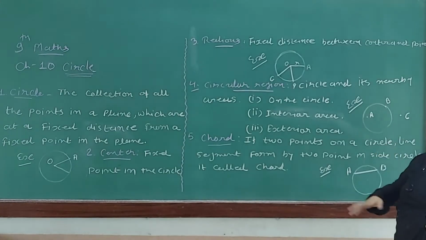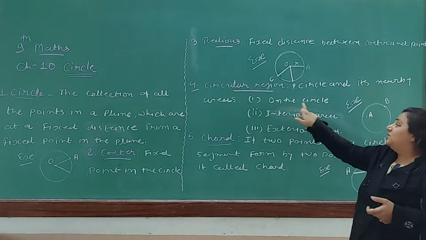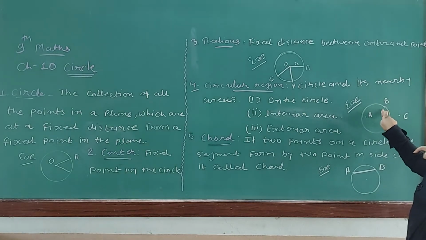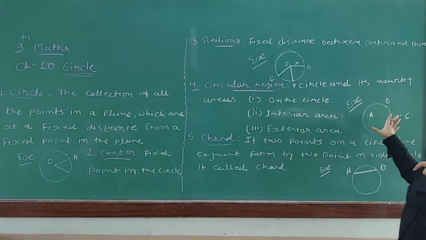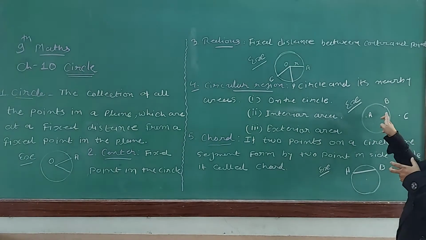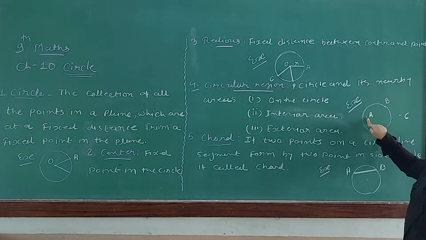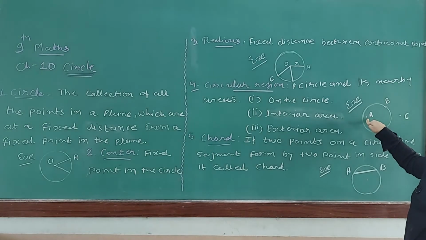So we will write this as theory in math. On the circle, for example, point B is on the circle. Then the interior area is the space covered by the circle, which is point A. It is the inside or interior area.